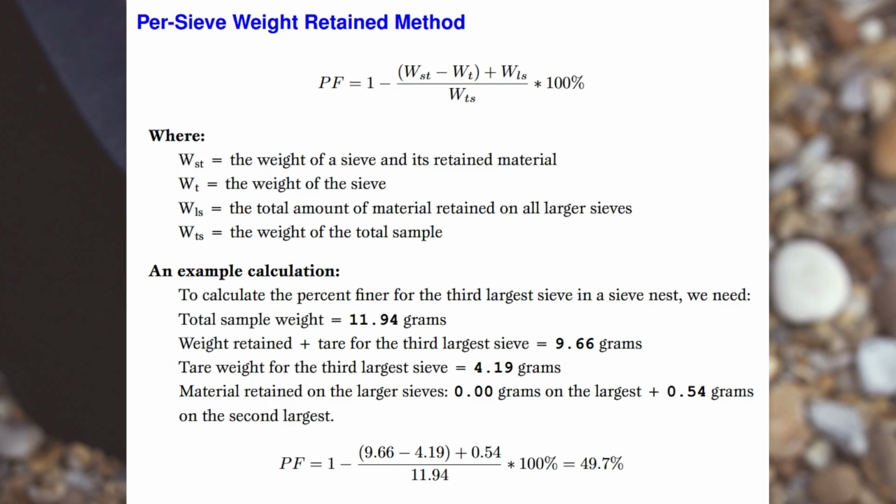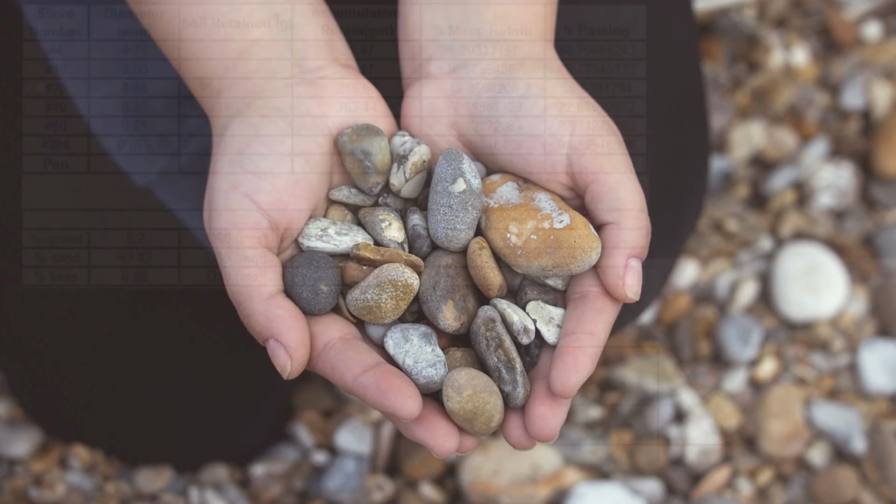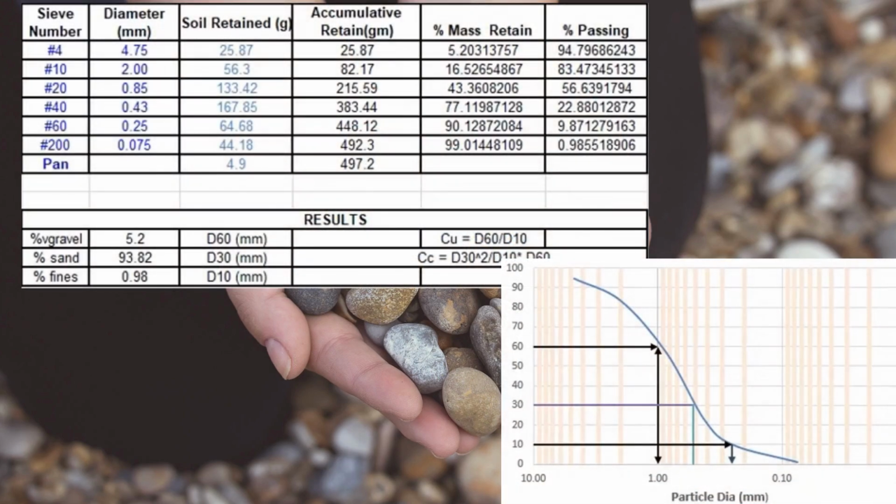Often people take 1 kilogram of the sample or 100 grams of the sample, so it's easier mathematically to see the percentage. However, it's not necessary. In the modern world of computers and Excel, you can calculate any percentage simply by putting the formula in your Excel and duplicating it, and it will give you the result for all the grain sizes that you measured, as you can see in this example.